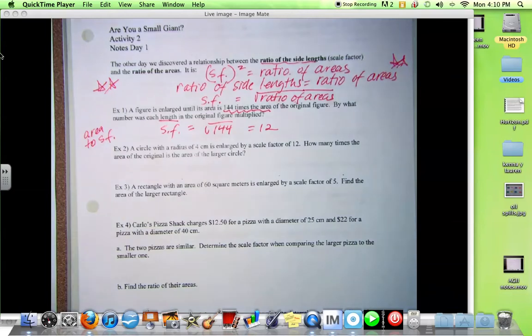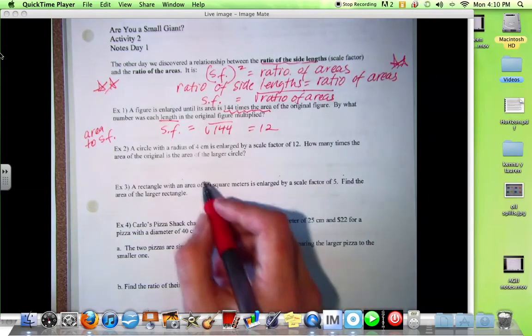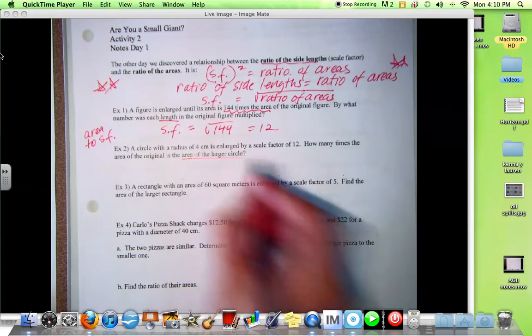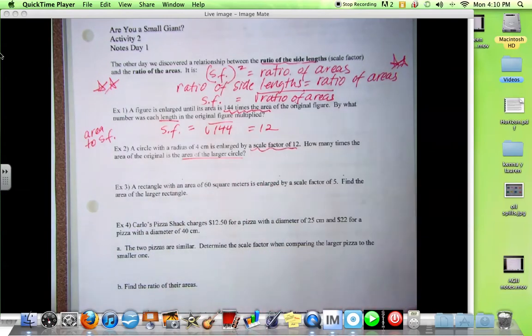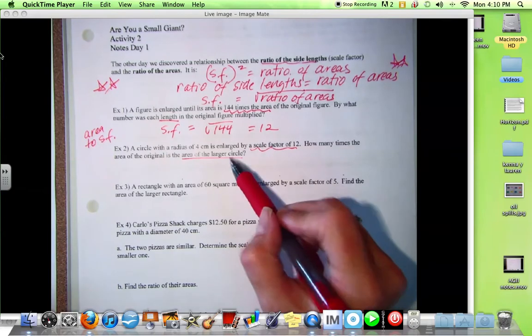The circle with a radius of 4 centimeters is enlarged by a scale factor of 12. How many times the area of the original is the area of the larger circle? So we're looking for area. We are given a scale factor of 12. So we're given scale factor, we need to go to area.